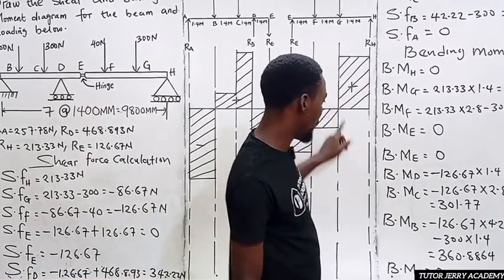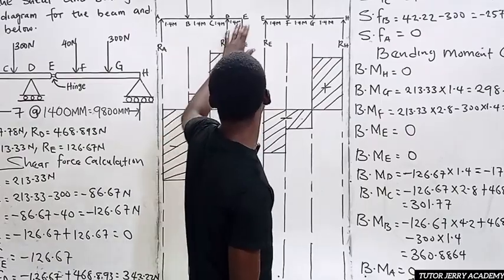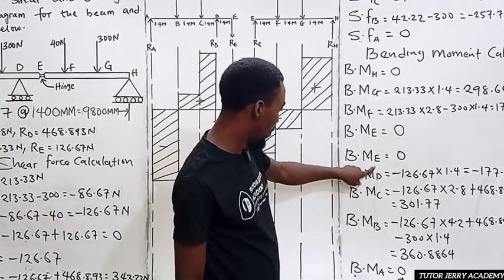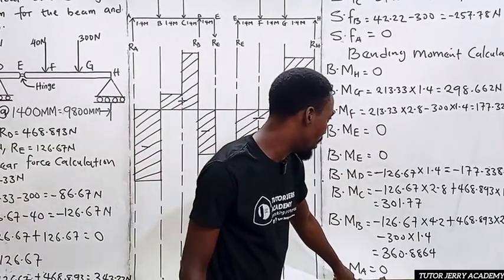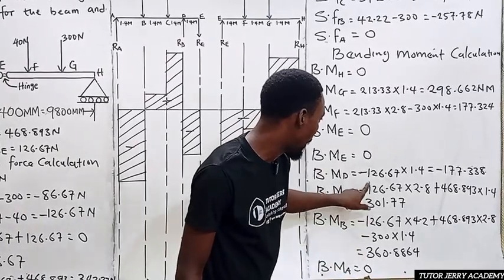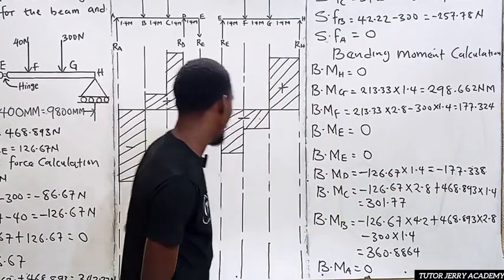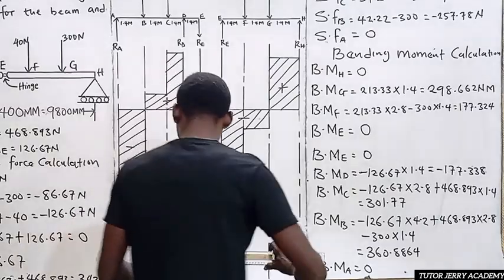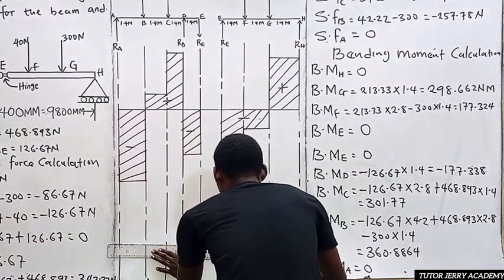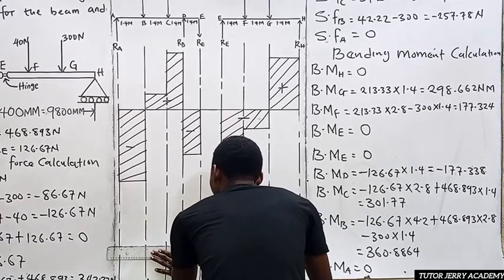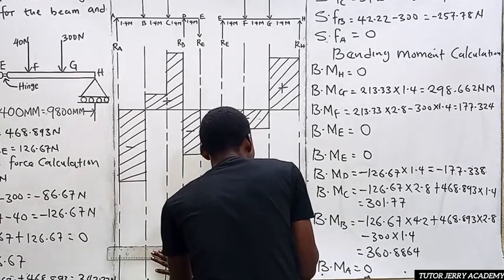For our second beam, it ranges from what? E to A. All values here are okay. We have one value to be what? Negative, while the others are what? Positive. All right. So that's great. Let's shift this one here.